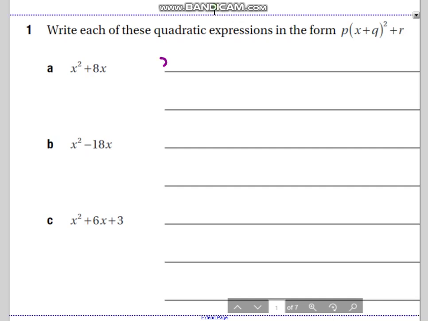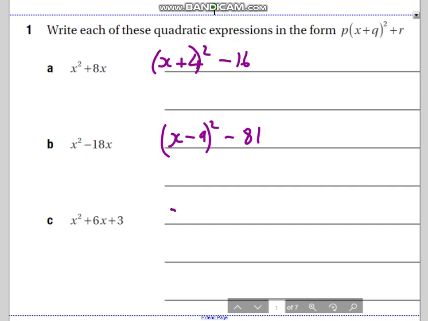So that one would be x plus 4, because we're going to halve that number, all squared minus 16. That's 4 all squared minus 16. This one will be x minus 9 all squared minus 81.